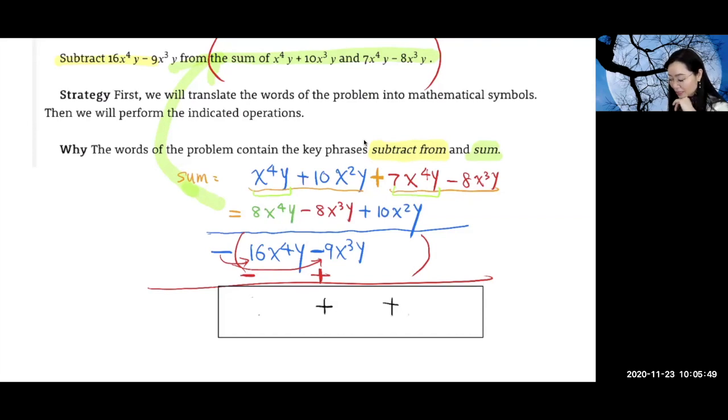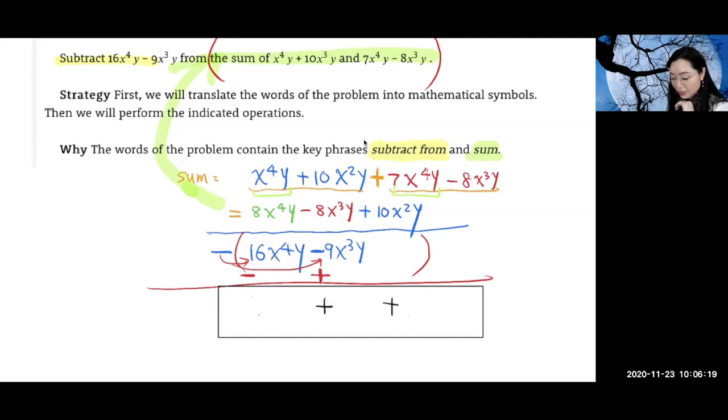And then this one here has no like term to combine, so you copy. This one here has no like term to combine, you copy. Notice I put that in descending power of x: x to the 4, x cubed, and then x squared. So that's the sum of these two polynomials.